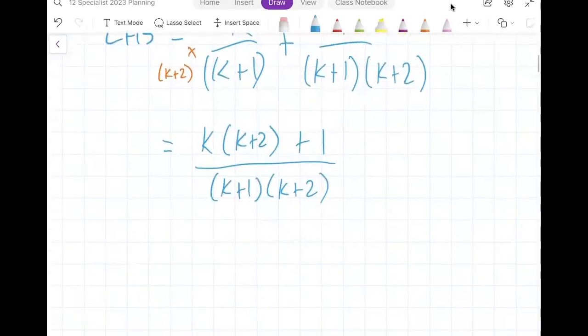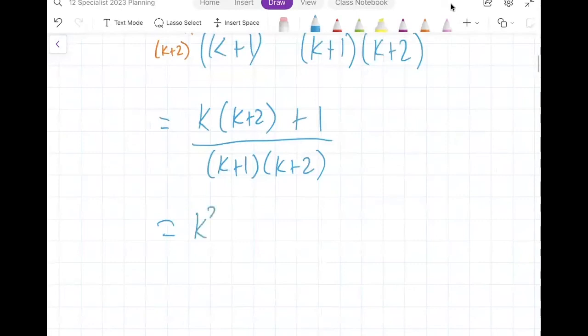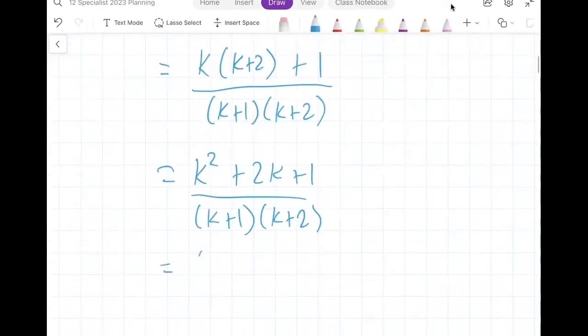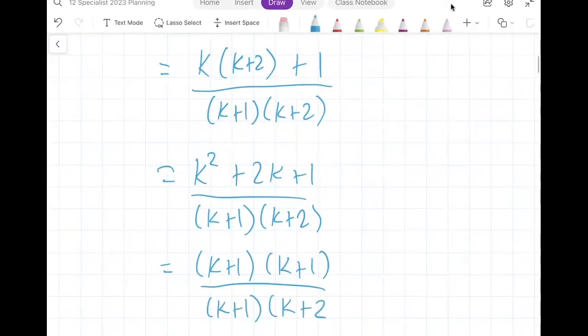Now I'm going to expand out my top line. That's going to give k squared plus 2k plus 1, divided by k plus 1, k plus 2. If I factorize the top, that's going to give k plus 1, k plus 1, divided by k plus 1, k plus 2. Well, k plus 1 divided by k plus 1 simplifies out to just give the number 1.